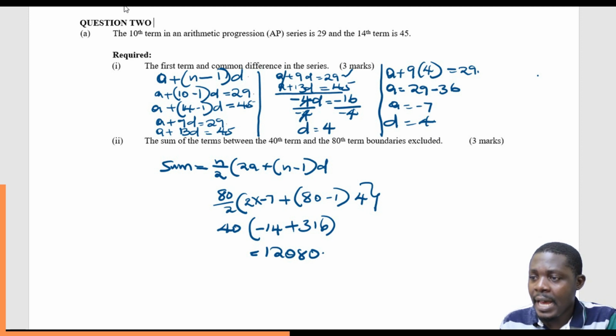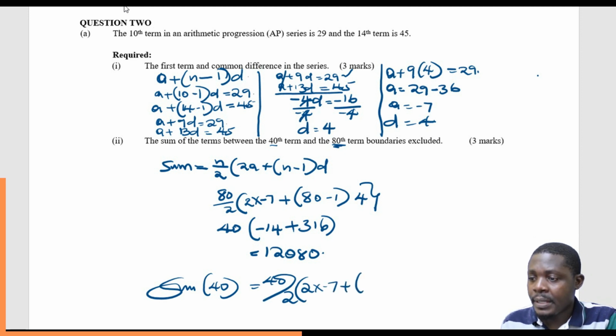That is the sum of 80 terms. Let's determine the sum of 40 terms. The sum of 40 terms is going to be 40 over 2 into 2 multiplied by negative 7 plus 40 minus 1 multiplied by 4, our difference.